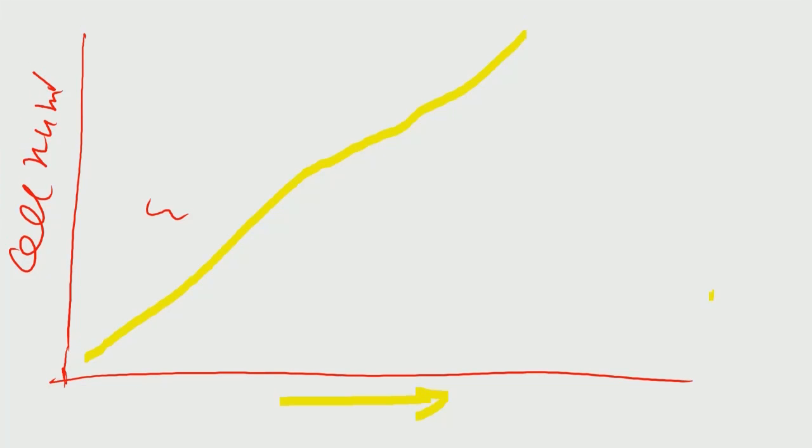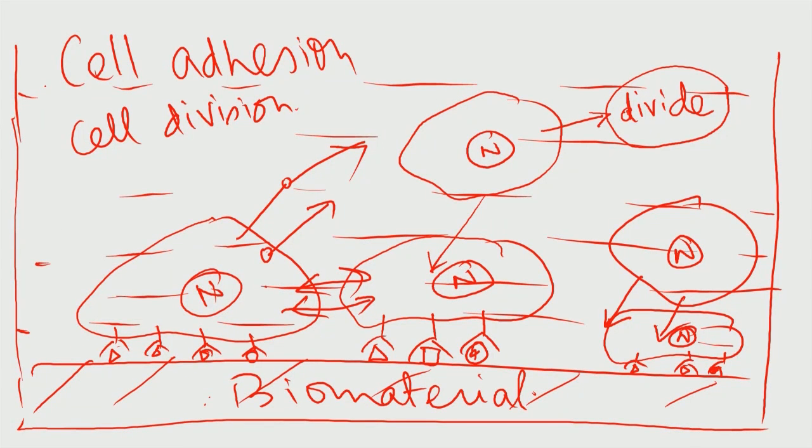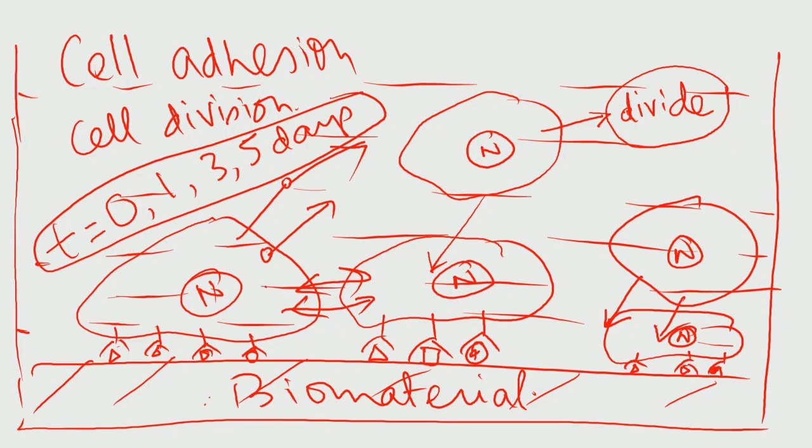Okay, so what I am showing here is that suppose you start the cell culture at time t is equal to 0, then you allow the cell growth to take place for 1 day, 3 days, 5 days. Let us consider a hypothetical culture system where you are growing cells of cell type X for different time periods.